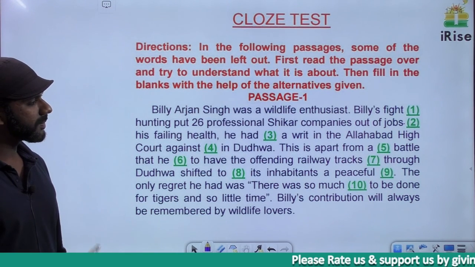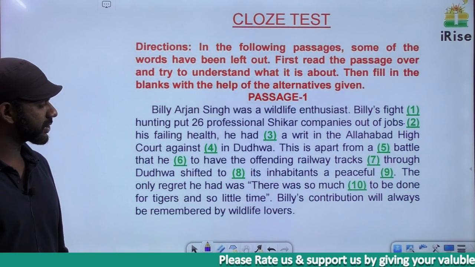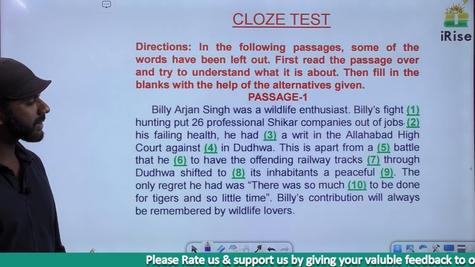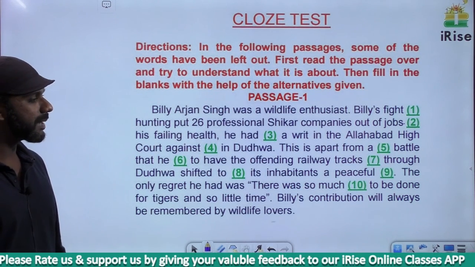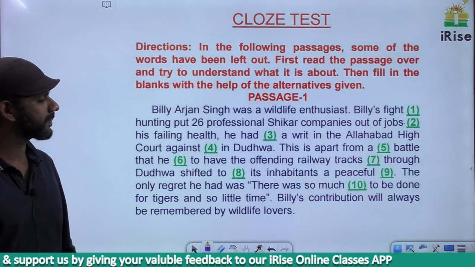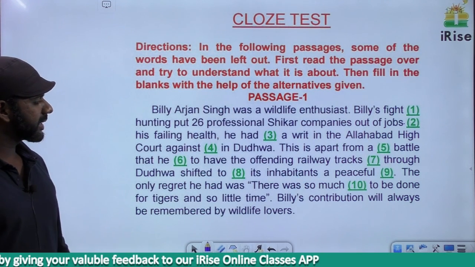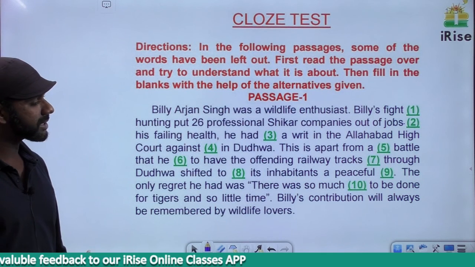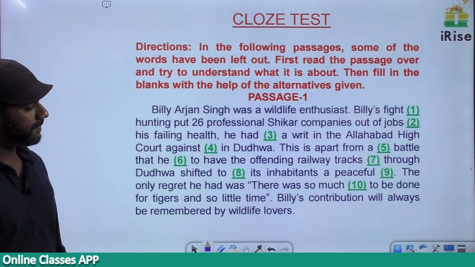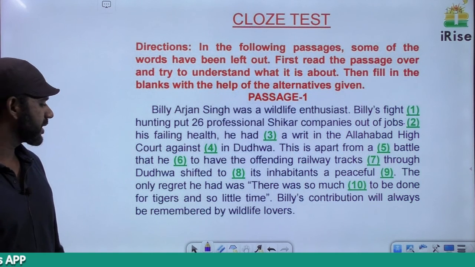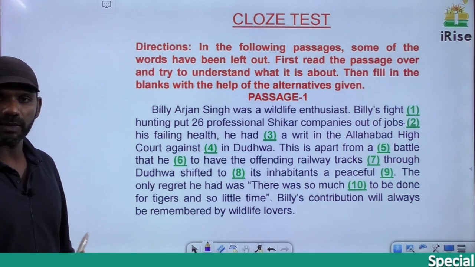This is apart from a dash battle that he dashed to have the offending railway tracks dashed through Dudhwa shifted to dash its inhabitants a peaceful dash. The only regret he had was there was so much dash to be done for tigers and so little time. Billy's contribution will always be remembered by wildlife lovers.